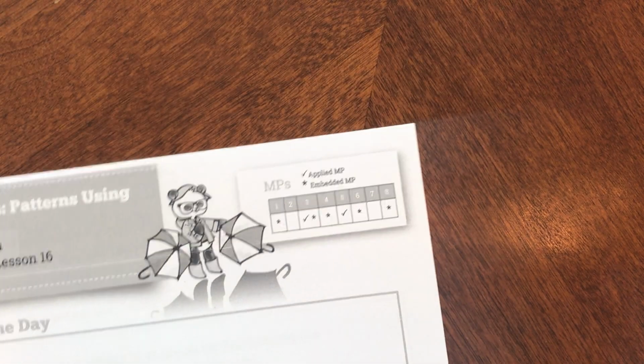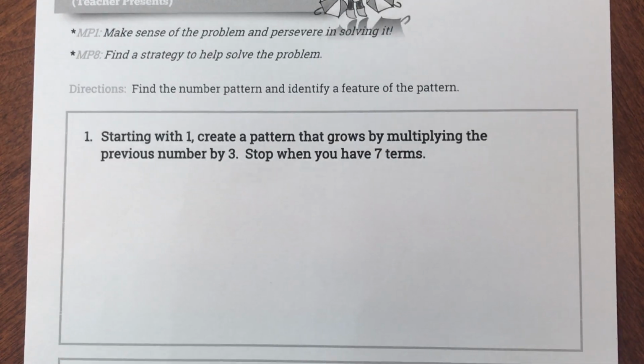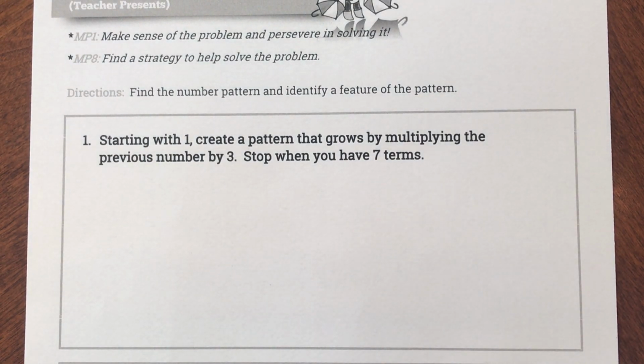Okay, here is my first problem. Here is my rule. It says, starting with 1, create a pattern that grows by multiplying the previous number by 3. Stop when you have 7 terms.